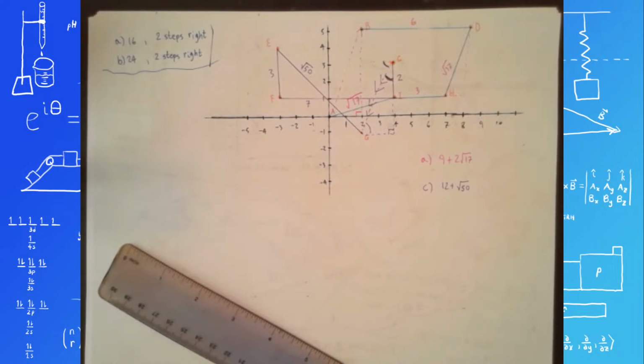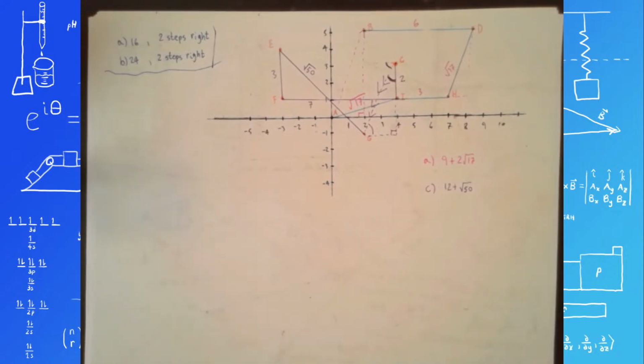Part E, what is the displacement from point F to point B? I think we've already done enough of that, so we'll skip displacement from B to C. And from F to... Oh, okay. This one might actually matter. Hold on.